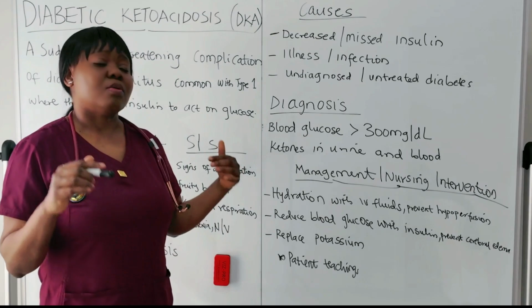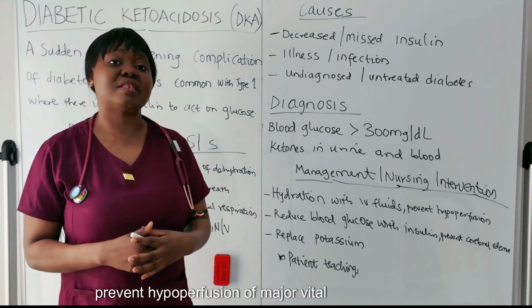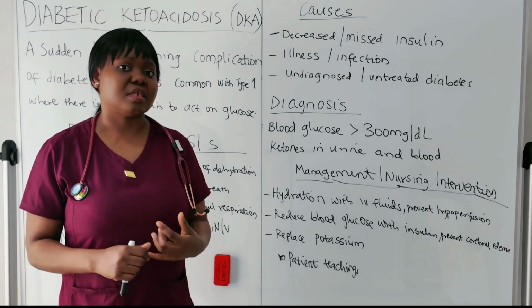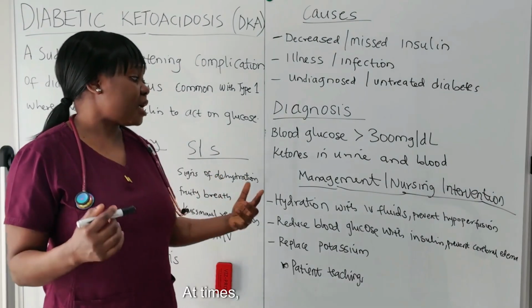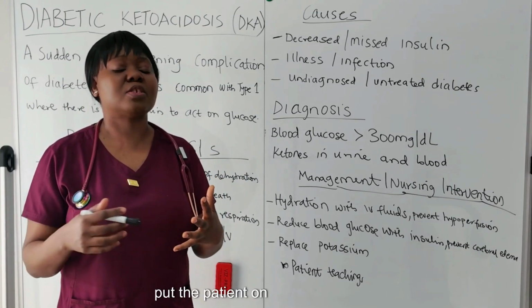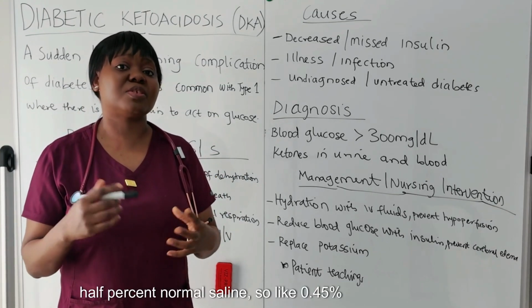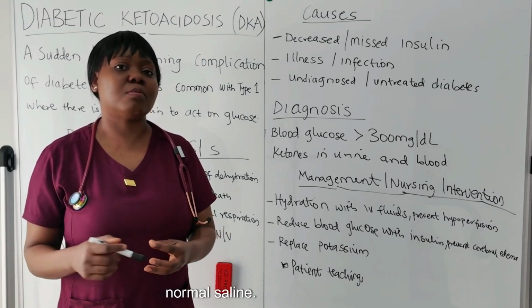Because we are giving fluid, we want to prevent hypoperfusion of major vital organs like the brain, the heart, the kidneys. At times, the prescriber may put the patient on a hypotonic solution, like 0.45 normal saline.